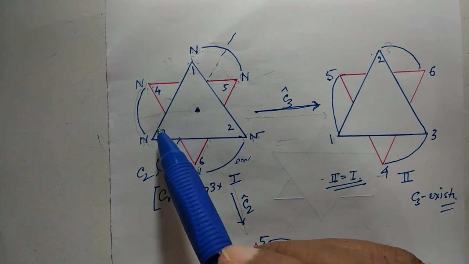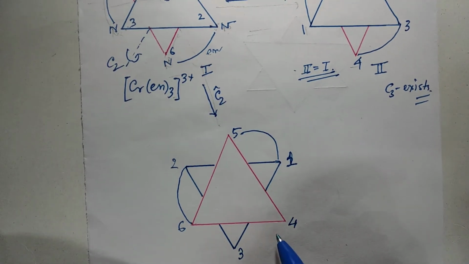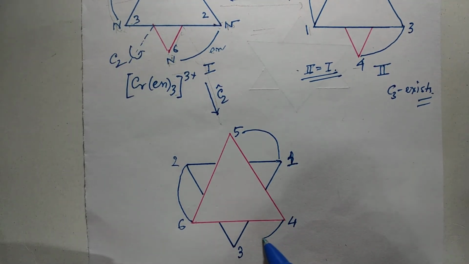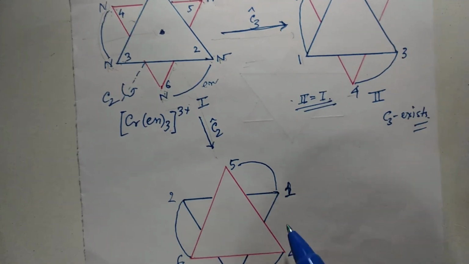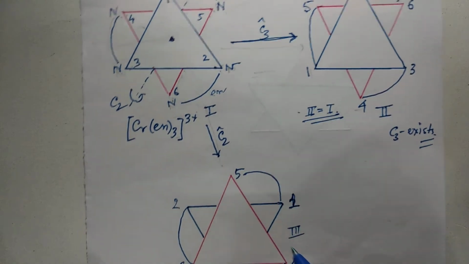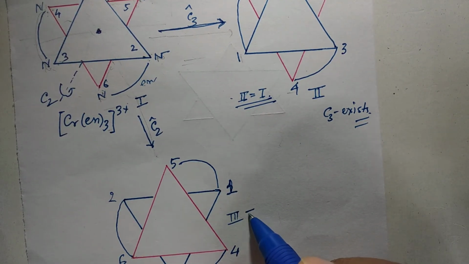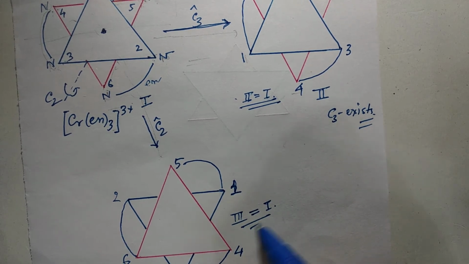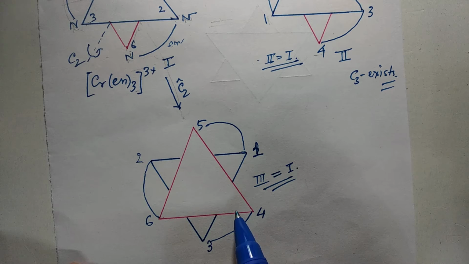And similarly, 4 and 3 are bridged. 4 and 3 are to be bridged. We see that the configuration 1 and this new configuration 3, they are the same. 1 and 3 are equivalent, not the same, they are equivalent. 3 is also equivalent to 1. 1 is like this and 3 is like this.